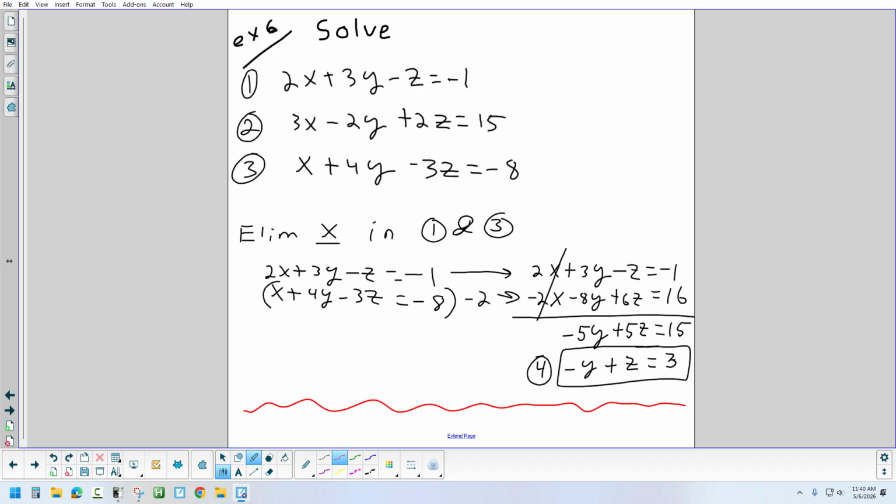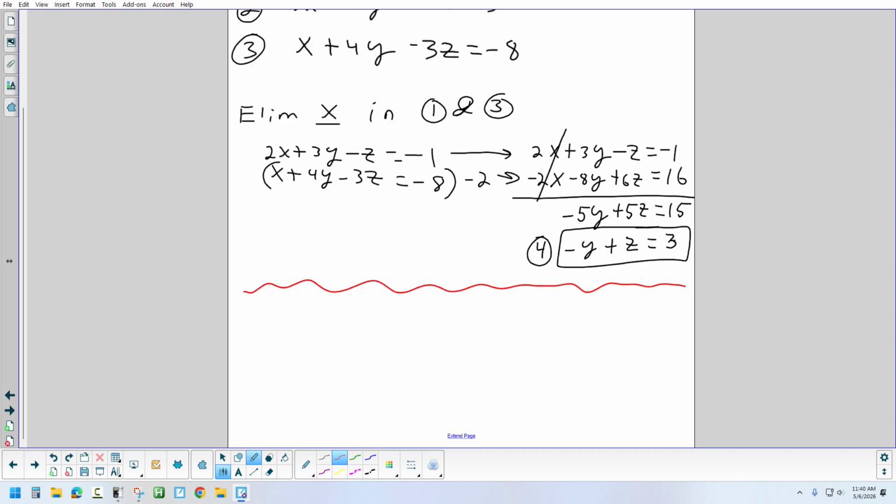Okay, so there's our first step. Now, do that step again. We have to eliminate x, but you can't pick equations 1 and 3. You'll be doing the same thing over. We've got to pick two new equations. So eliminate x. And which two equations do we want to use this time?